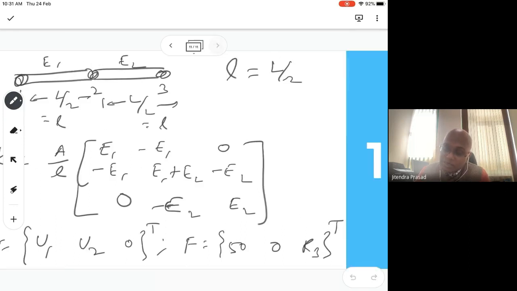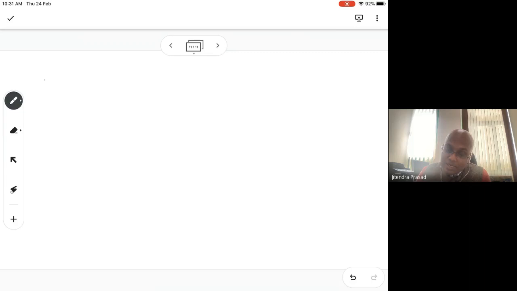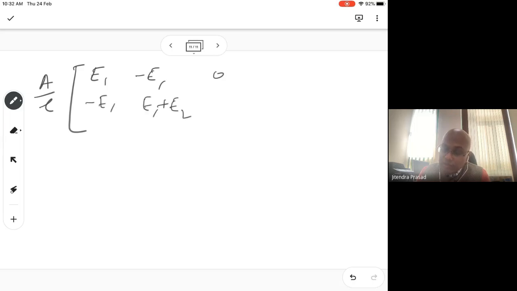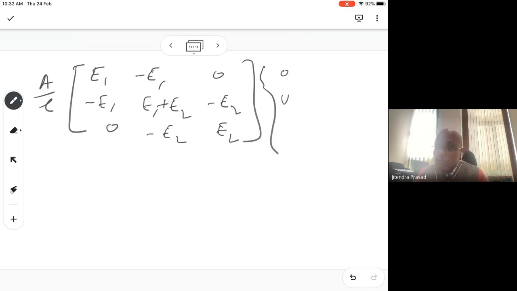And then your equation becomes A over l times the matrix E1, minus E1, 0; minus E1, E1 plus E2, minus E2; 0, minus E2, E2, times U1, U2, and then U3 is equal to, right?